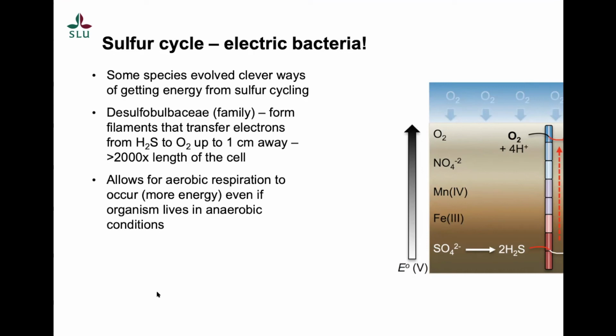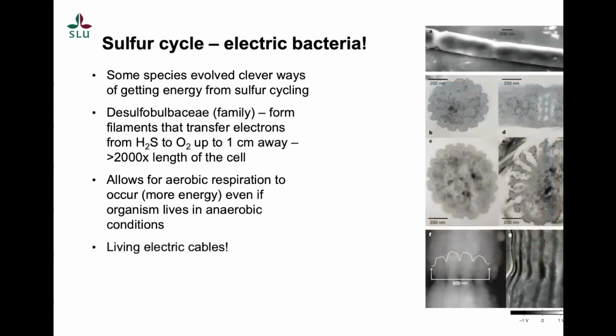And you get electric wires made out of bacteria. And you can see that you have these very specialized structures that they produce that are ridged around the bacteria that just allow for the flow of electrons to go up through these ridges into the sediment in the upper part of it. So there are living electrical cables. I just find that really cool.